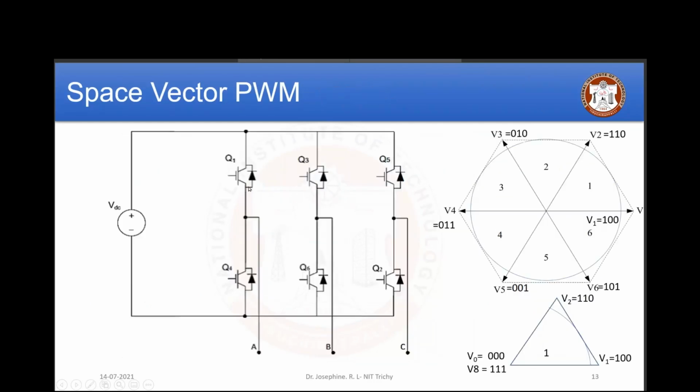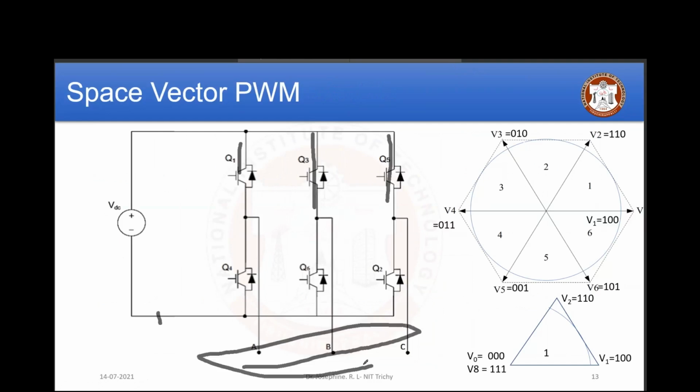If I connect this 1, 1 and 1, then A, B, C, with respect to each other, have no potential difference. With respect to ground they may have some VDC, but among A, B, C the line potential is 0, isn't it?